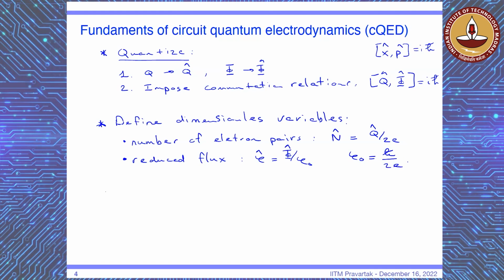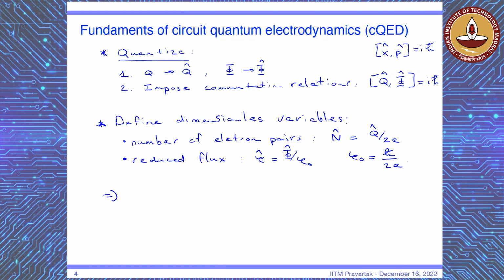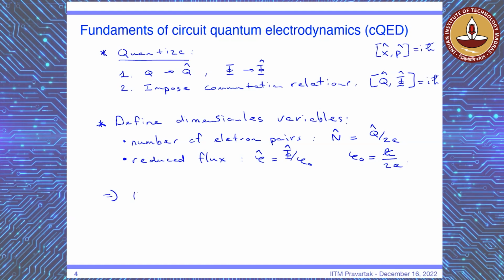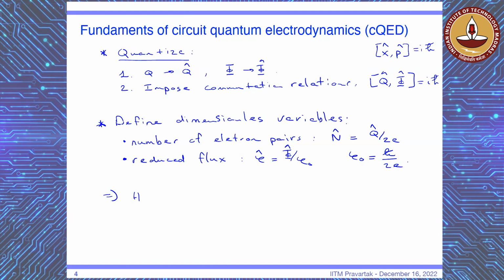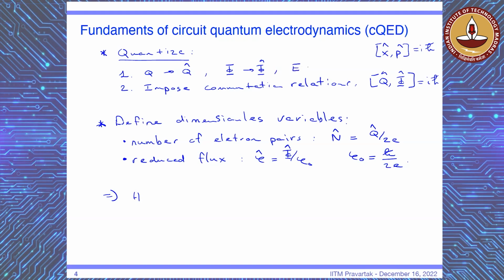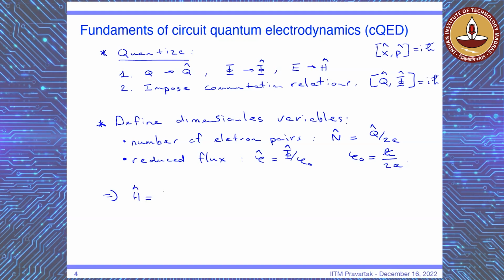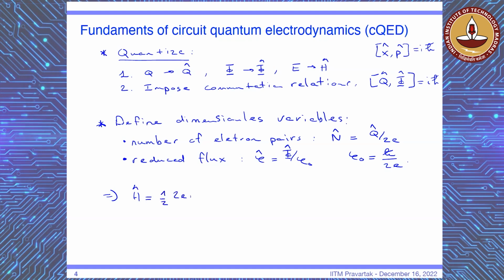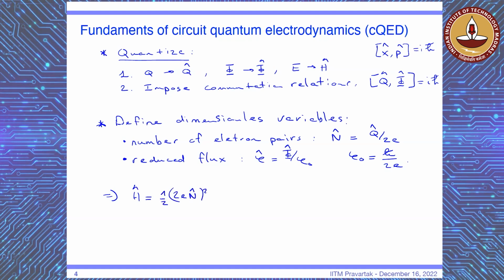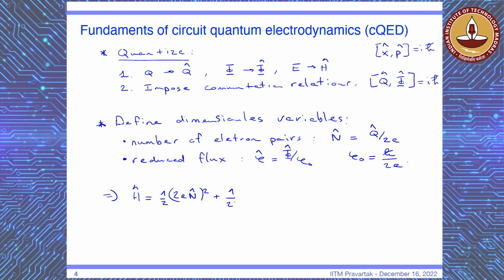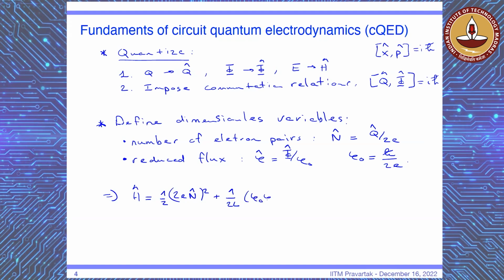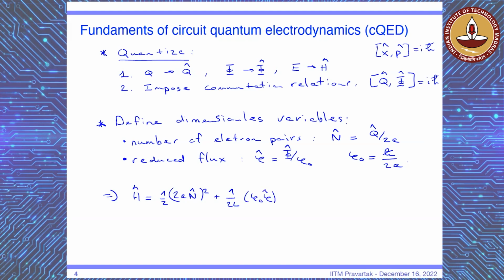So, I can rewrite my Hamiltonian. Right. So, okay, when I said quantize, also my energy is going to be H, the Hamiltonian. H is going to be 1/2C times (2e n) squared plus 1/2L times (phi 0 phi) squared.